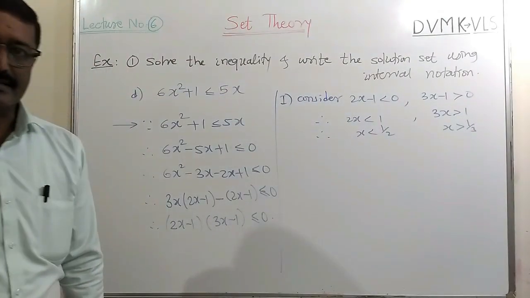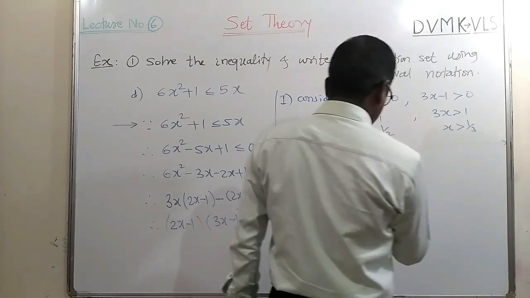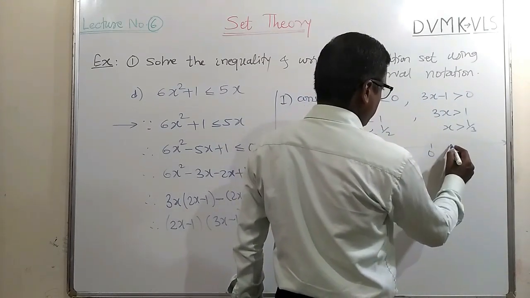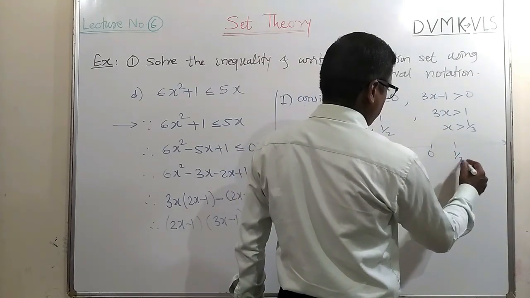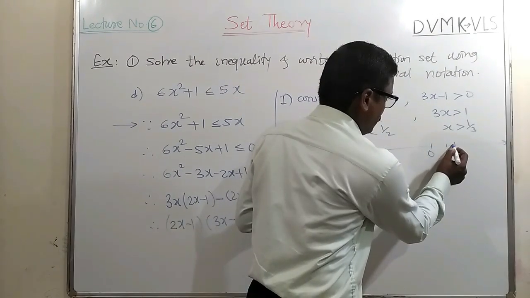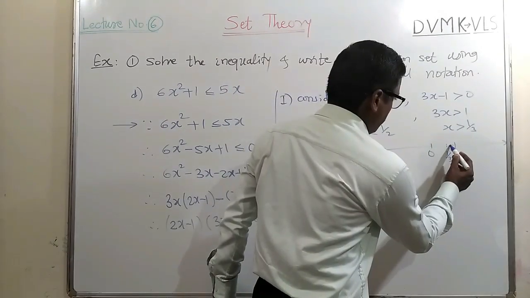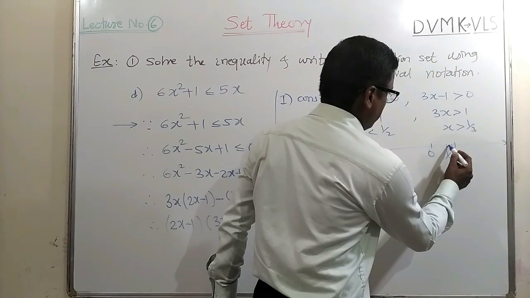Now, less than half and greater than 1/3, let us see once again on the real number line. On this number line, 0 is here. Suppose half is here, then 1/3 will be at this stage, means towards this left hand side. x is greater than 1/3 means towards the positive side or right side.